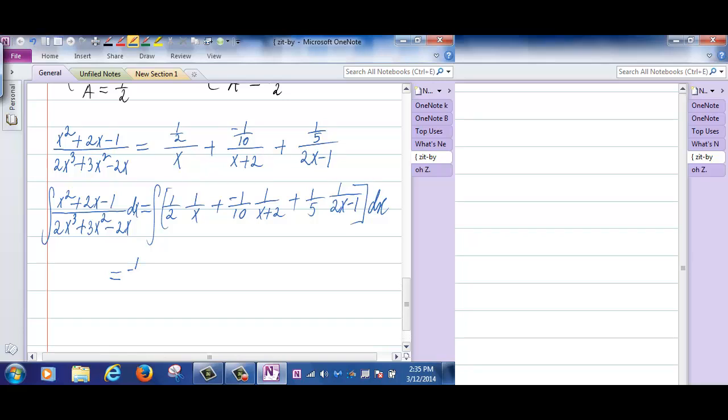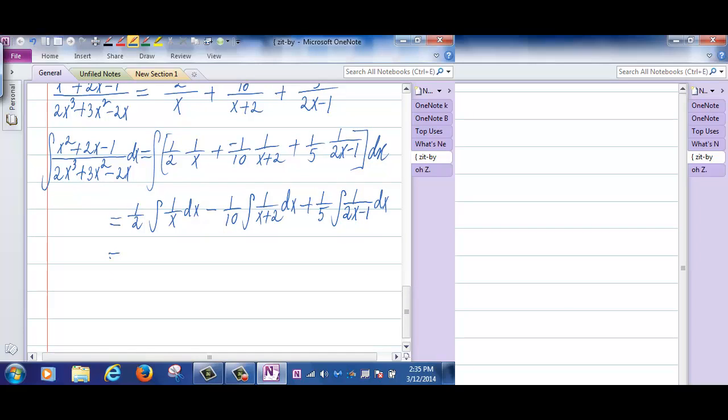We get half integral of 1 over x dx, negative 1/10 integral of 1 over x plus 2 dx, plus 1/5 integral of 1 over 2x minus 1 dx.